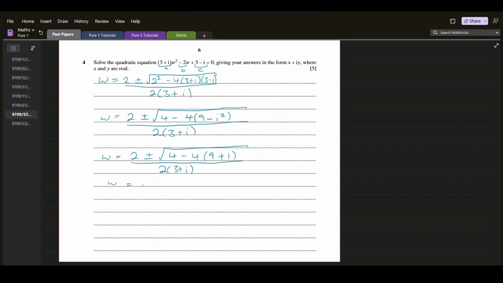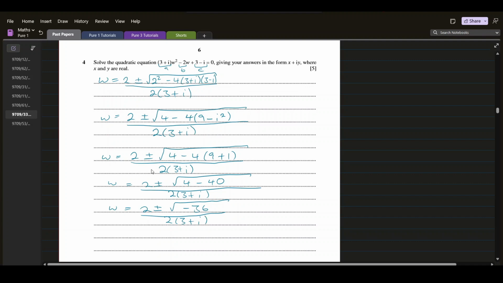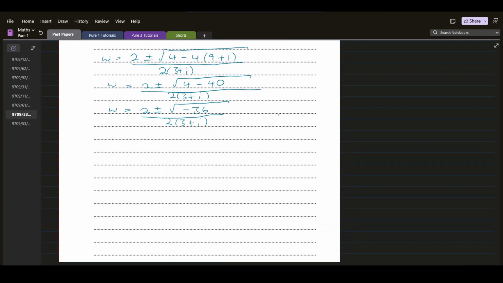So w is equal to 2 plus or minus the square root of 4 minus 4 times 10, which is 40, and this is over 2 times 3 plus i. w is equal to 2 plus or minus the square root of 4 minus 40, that's minus 36, over 2 times 3 plus i, and we can write minus 36 as minus 1 times 36.